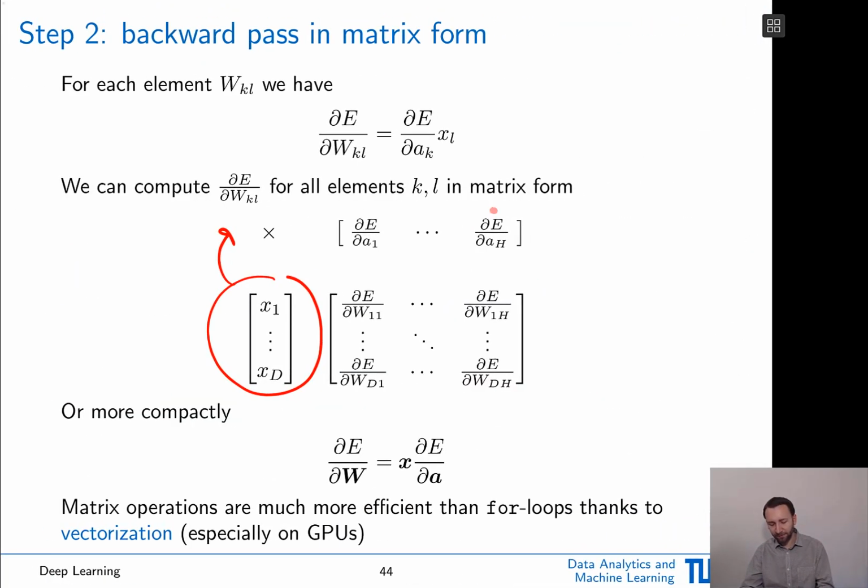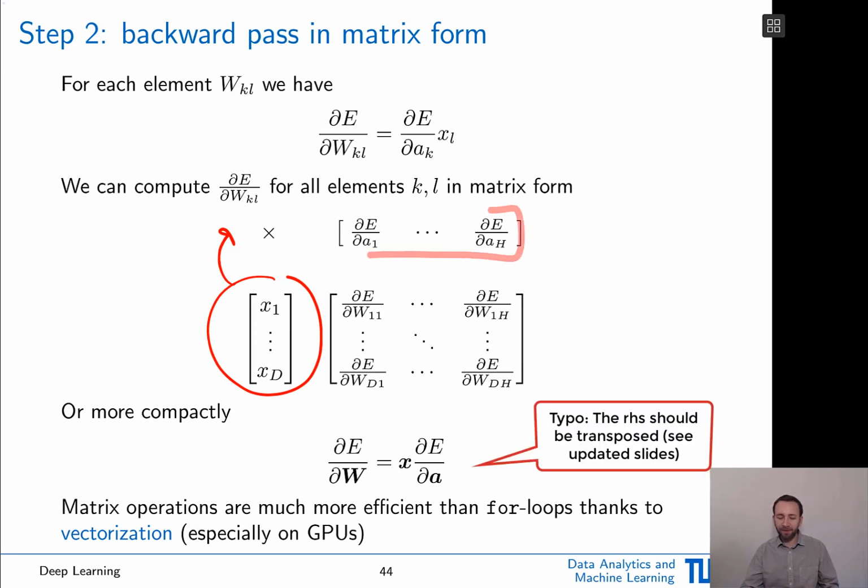Then multiplying these two, remember, this is a column and this is a row vector, will simply give us a matrix, because this is what is written here. E with respect to A_k is one of these components, times x_l is one of these components. So this product between this column and row vector gives us a matrix, and this matrix is exactly our derivative.